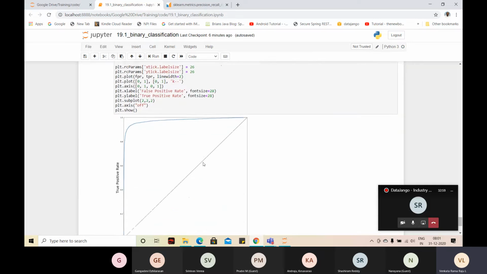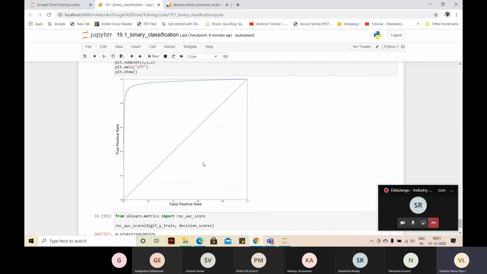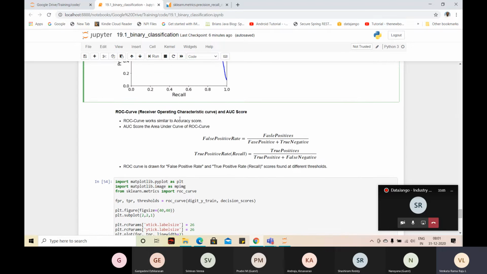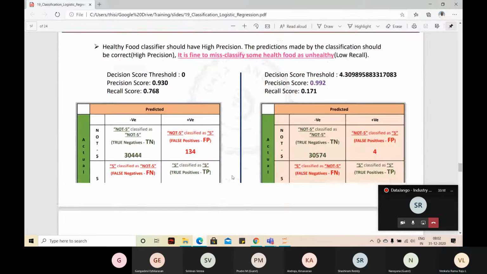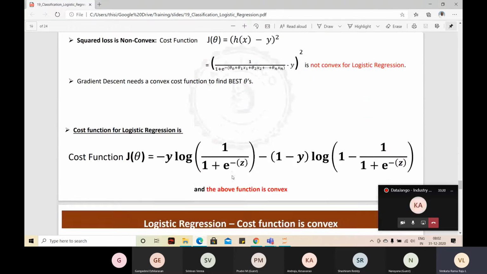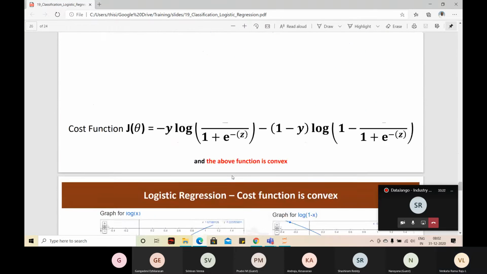But if you look at the ROC curve, what we are taking is the false positive rate and the true positive rate. What is the false positive rate? False positives divided by false positives plus true negatives. And the true positive rate is recall.